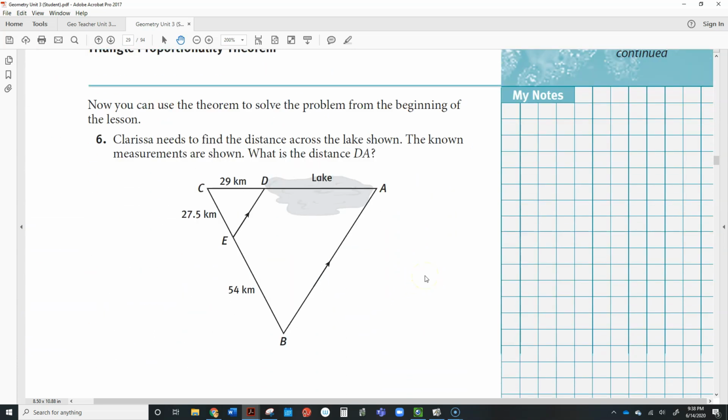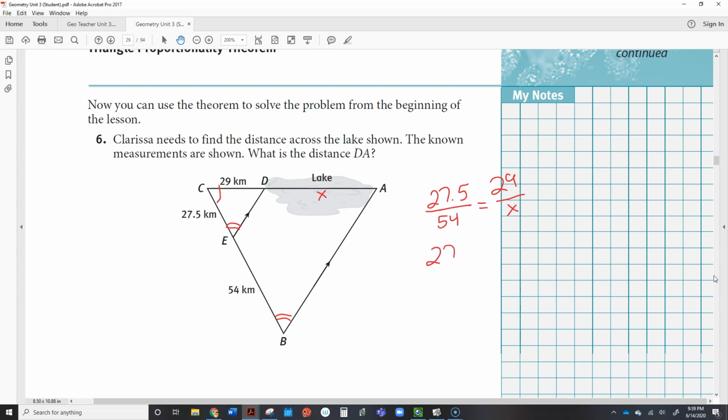So now she wants to find the distance across the lake. You have parallel lines. That's what you have to check for. Make sure you have parallel lines, because with those parallel lines, you get angle similarity. Okay, they give you the angles that you need. And now you're going to take the piece of this one transversal, 27.5 over 54, and that's going to be equal to the pieces of this other transversal, 29 over x.